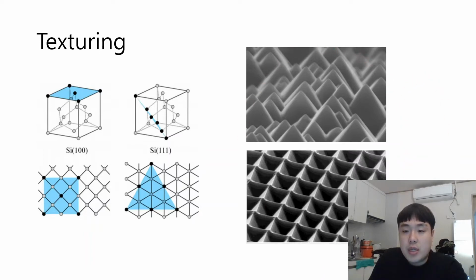The next figure is the surface of the solar cell semiconductor, and we can see that the structure is shaped like pyramids, and this pyramid shape increases the solar cell efficiency. Additionally, when we texture the pyramid shape smaller or bigger than 10 micrometers, the efficiency is lower.